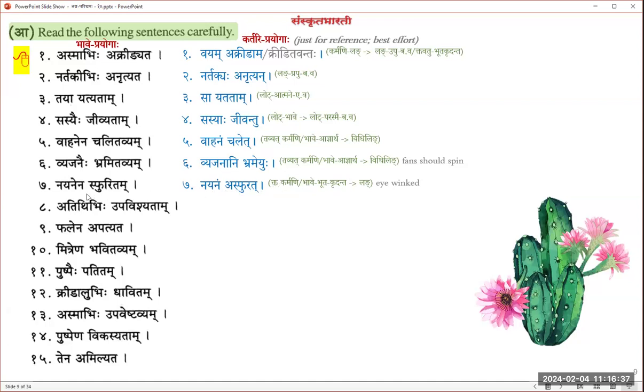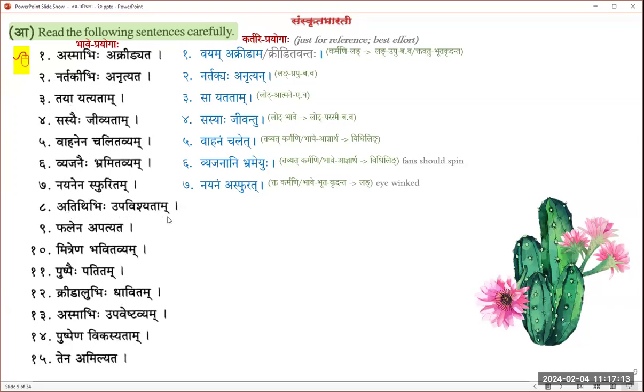So Kta karmani, which was spuritam, which is karmani or bhave, I should say. Here in this case, it is bhave because spurana is an akarmaka dhatu. So bhave bhutakridanta, we switch to lang bhuta tinganta. So I winked. Nayanena spuritam. It was winked by the eye. That is the thing, the spurana itself, there is the sitting in the kriya itself.